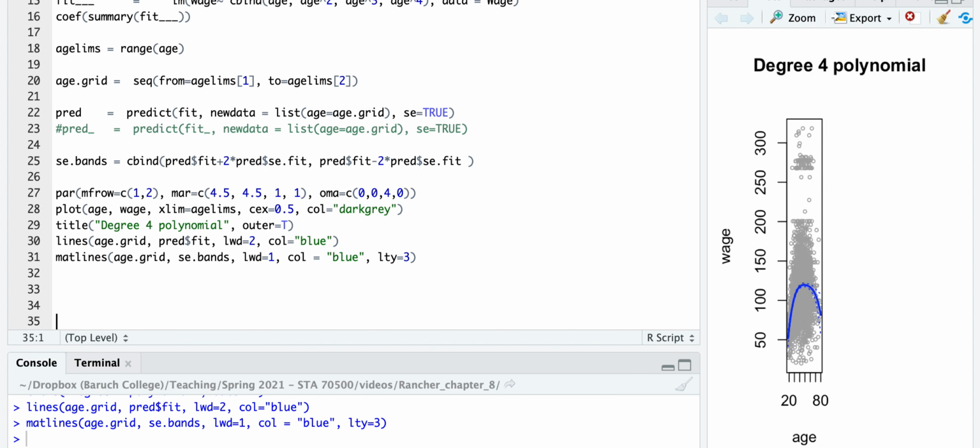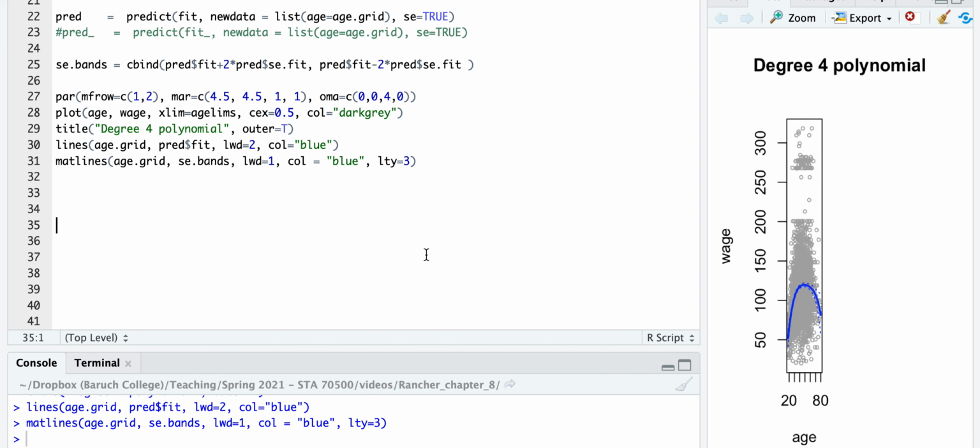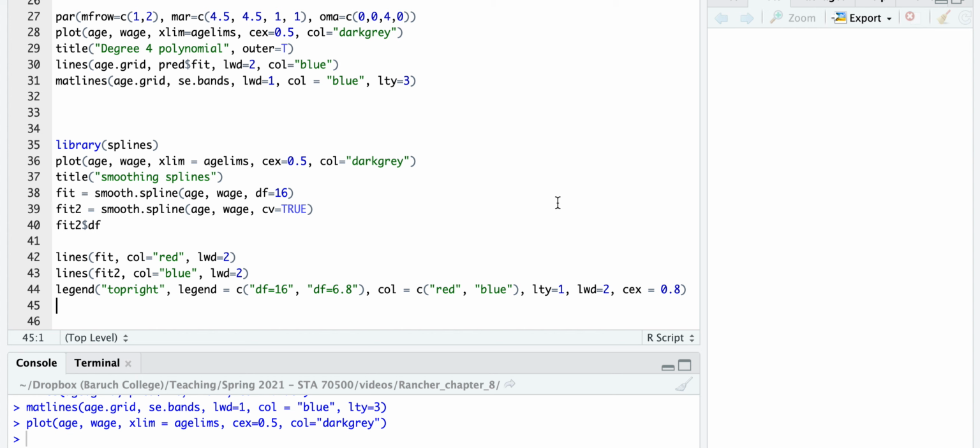Okay, so how to do splines. As I said, for the rest of this lecture, I will focus on smoothing splines and generalized additive models, because these two are mostly used in practice, and I think they will be useful for you in the future.